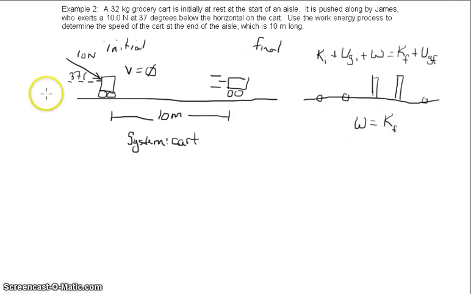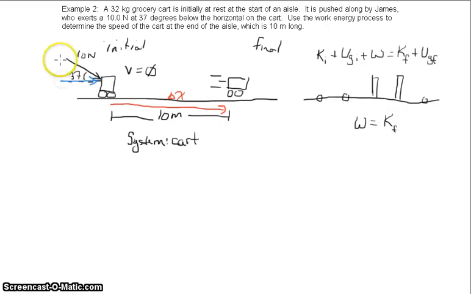Now in this case, our displacement goes to the right, which I'm going to highlight here in red. When we're trying to figure out the work, we know the work is a force that is parallel to the displacement, which means I can't use all 10 newtons; I would have to use the horizontal component.